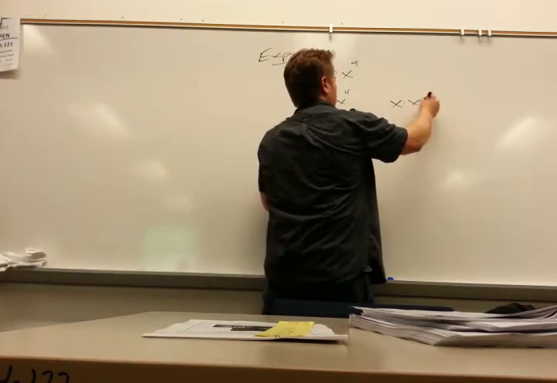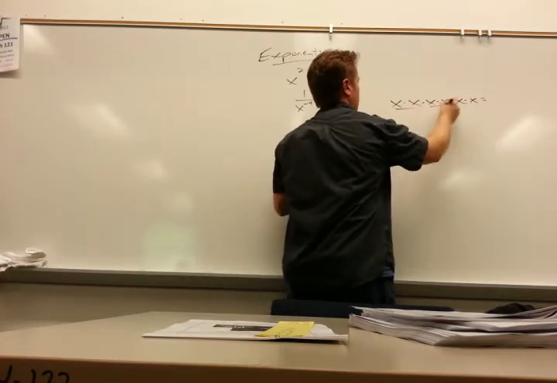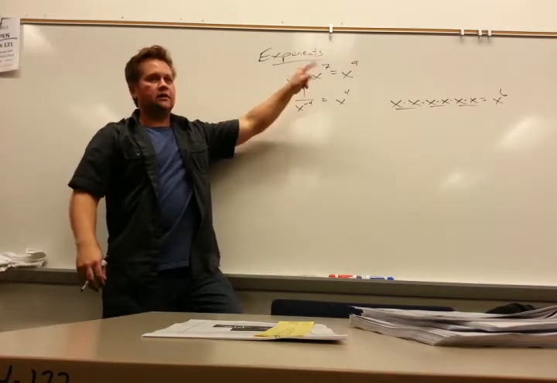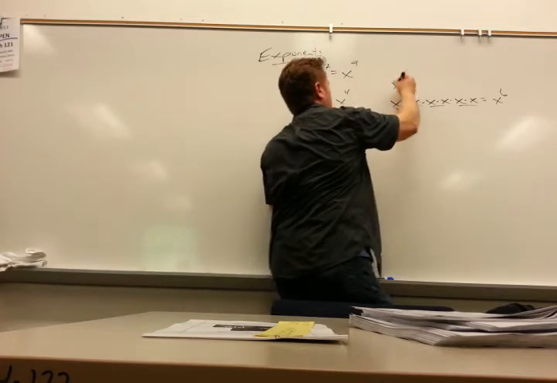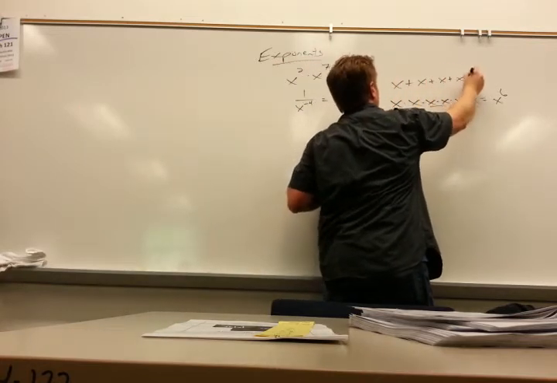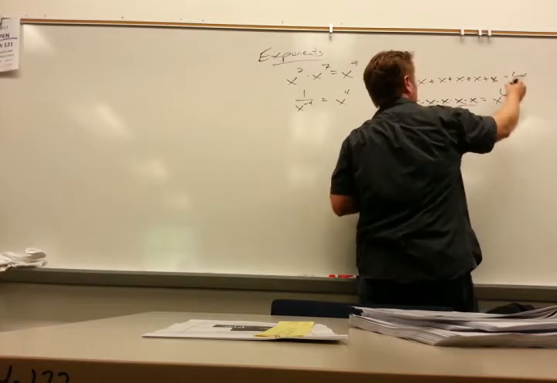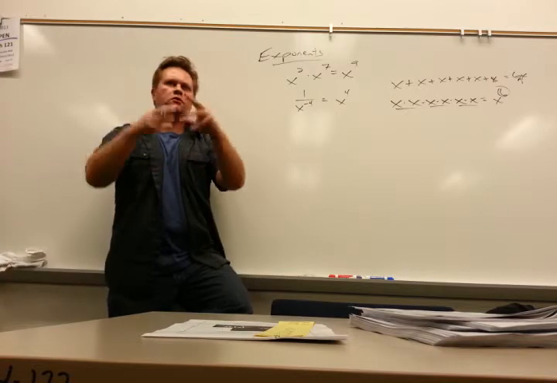So we don't like to write out X times X times X over and over. Somebody said 2, 4, 6. He just called everybody up and said, if I put a 6 up there, that means X in a row 6 times. This guy over here had already come up with this. He stole that, jerk. So then we had to put the 6 up there to mean multiplication. So all the properties of exponents come from that.